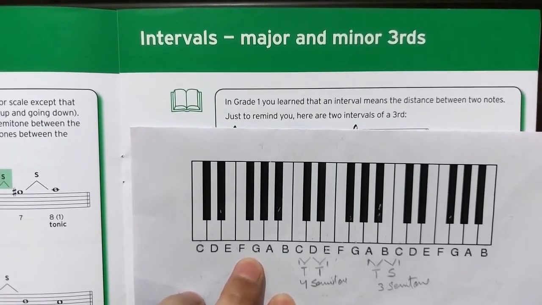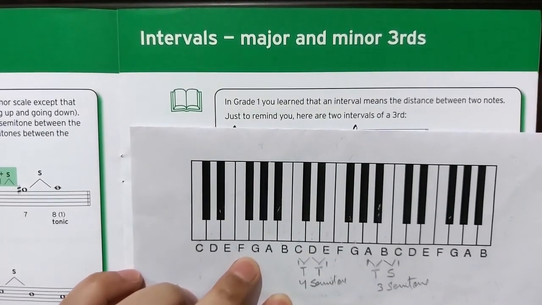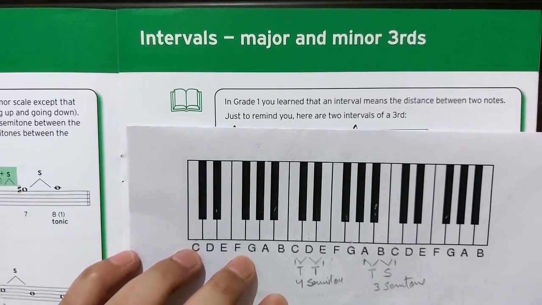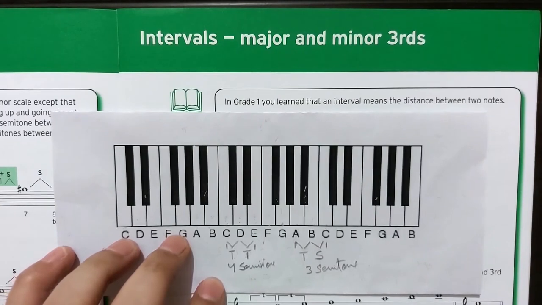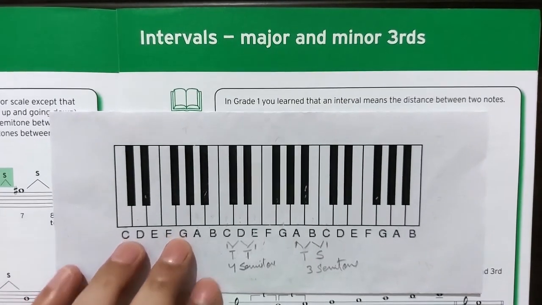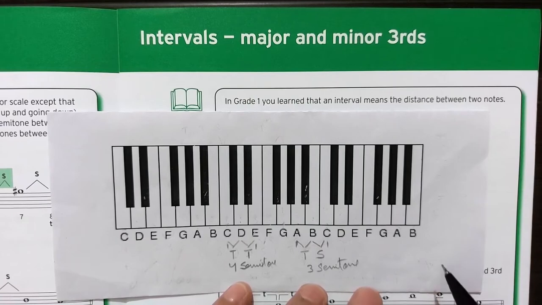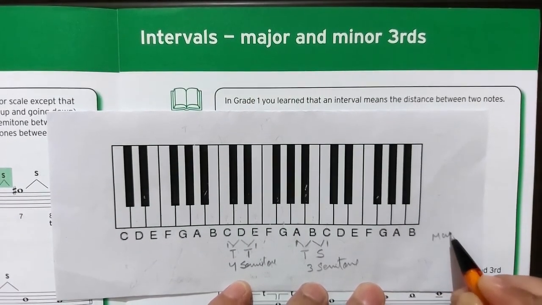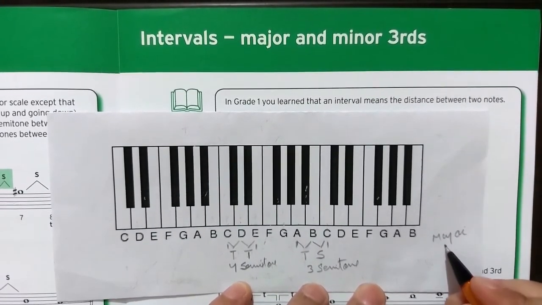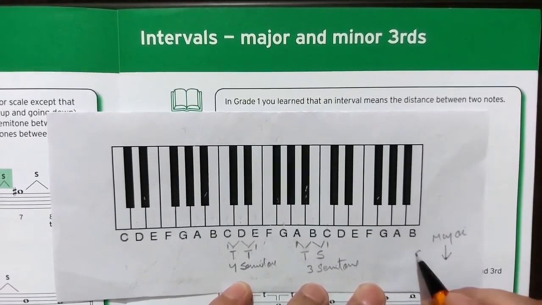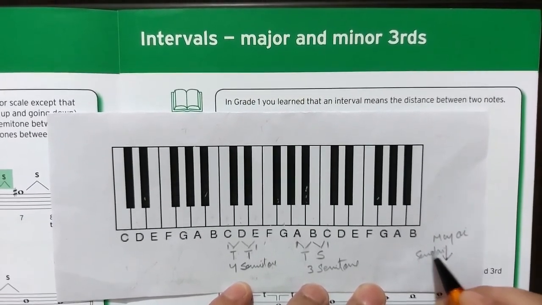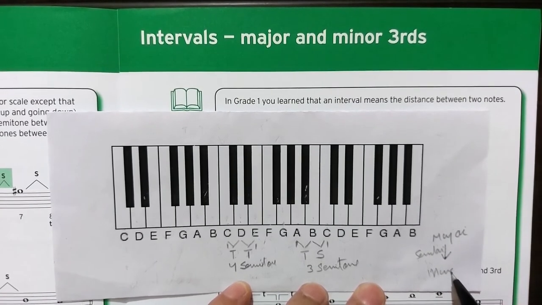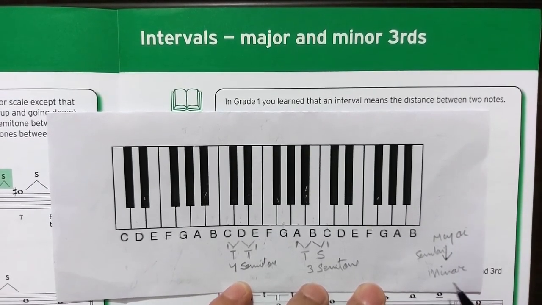So the major thing to remember, right now you're learning about major third and minor third, but no matter which major interval it is, if you come down half a step, one semitone down, it becomes a minor interval.